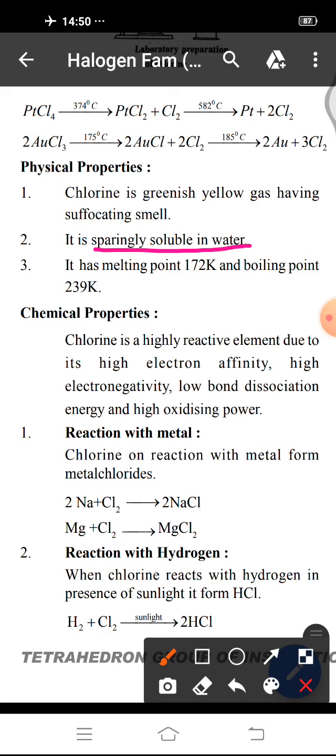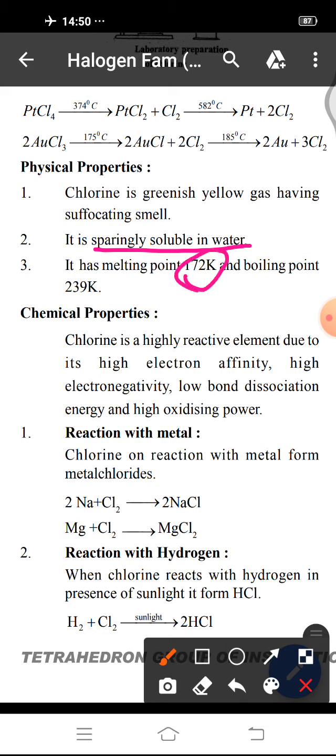It has a melting point of 172 Kelvin and a boiling point of 239 Kelvin. So these are the physical properties of chlorine. Then coming to its chemical properties.